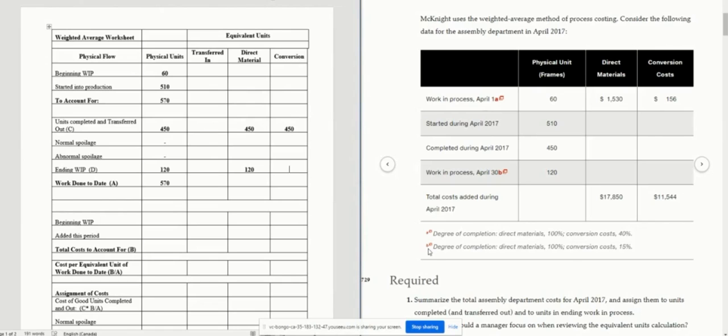That's footnote B from here. So what is 15% of 120? Let's see, 12 plus half of 12. So 12 plus 6 must be 18. At least that's the way I think of multiplying by 15%. You might just get out your calculator and do it.